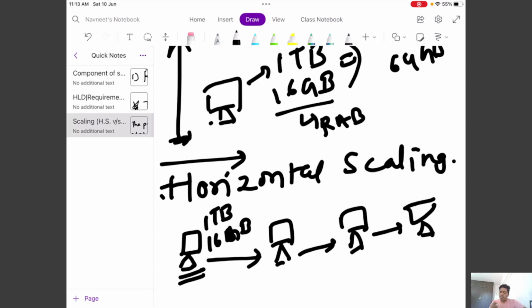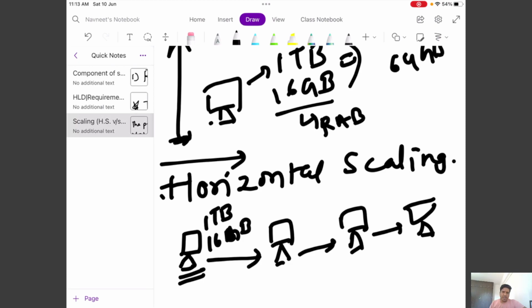It means you are not actually increasing the capacity of that particular system. You are connecting more systems of the same capacity to the same network. In this way, we are increasing our systems, so in our network the system capacity automatically increases, but in the way of horizontal scaling.